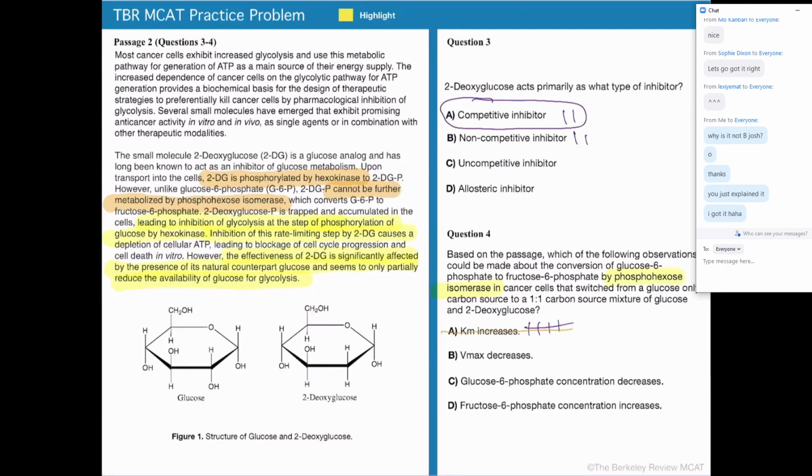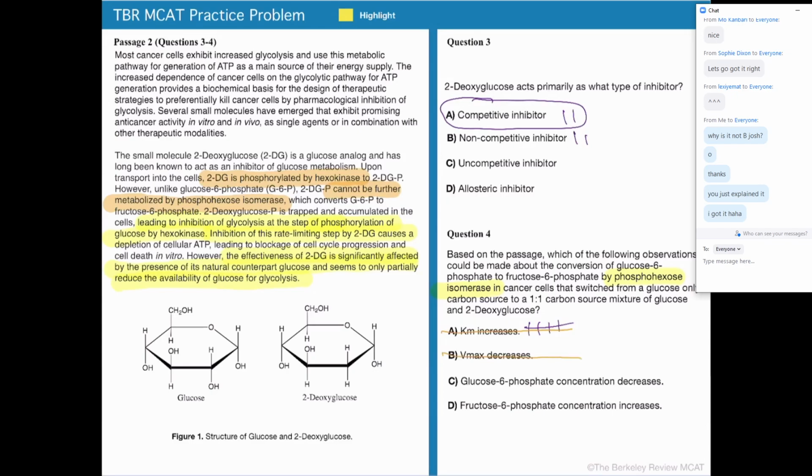Nope, it doesn't affect the Km because it's not acting as an inhibitor there. What about Vmax? Does that decrease? Vmax is going to stay the same. There might be a lower reaction velocity because there's less total substrate, but the Vmax isn't going to be changed. So we can cross that out.